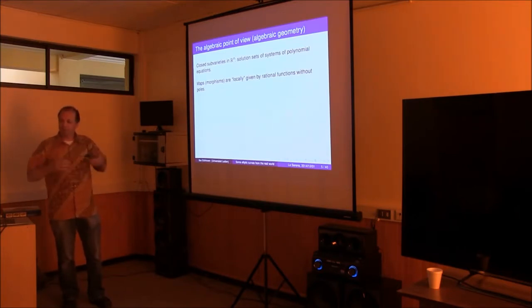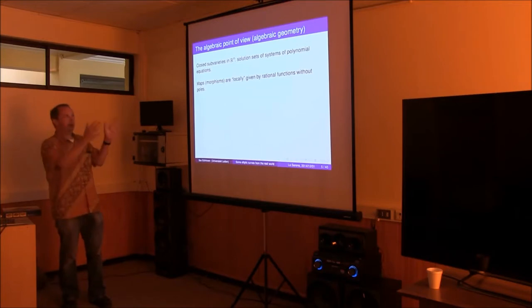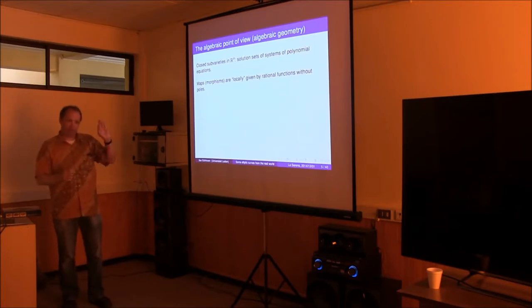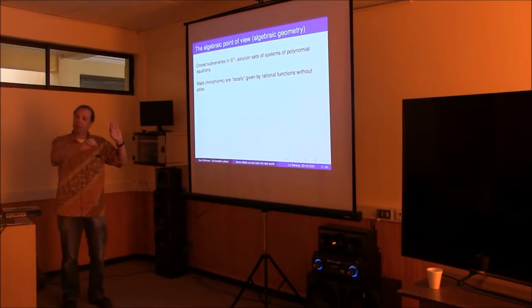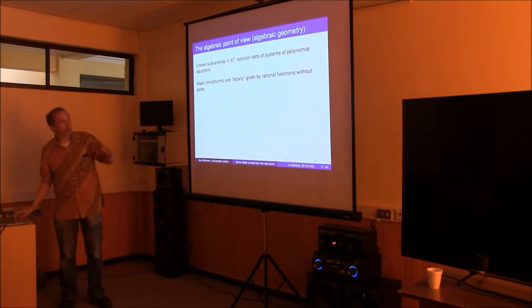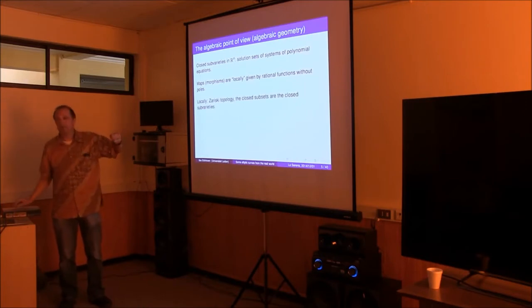Those are the maps. So if we take a map from Rn to Rm, we can consider m of these rational fractions, and whenever we want to look at them in some point, they should be written in such a way that at that point the denominators are not 0. We don't want to divide by 0.